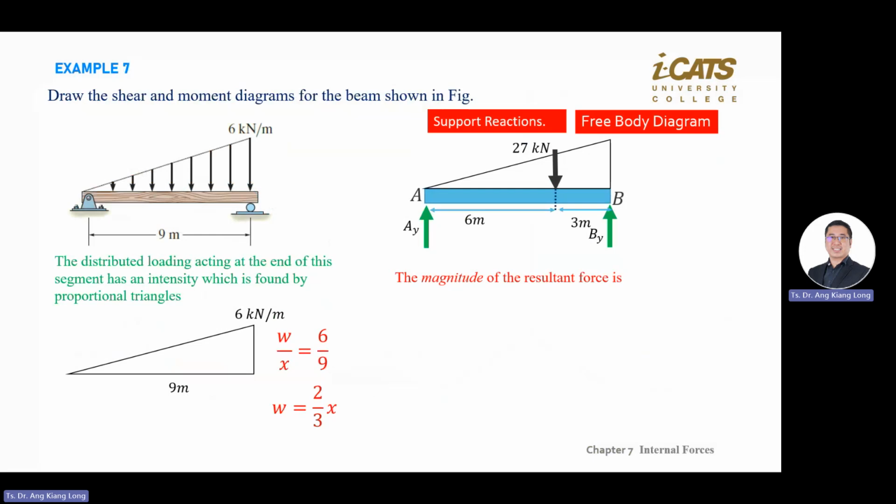Now how do you find the distributed load if it is triangular? You use the scale method, which is W that you know over the base x equals the maximum load of 6 over the maximum distance of 9. This is a ratio equation. To find the equation for W, you take this triangular ratio, and W will equal 2 over 3x.